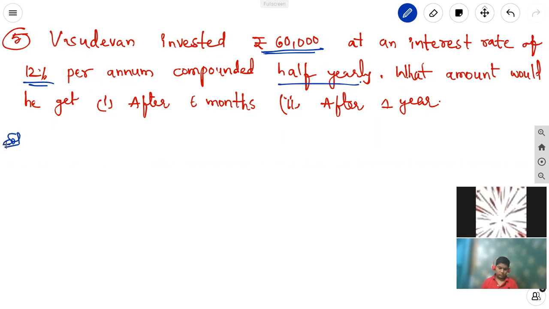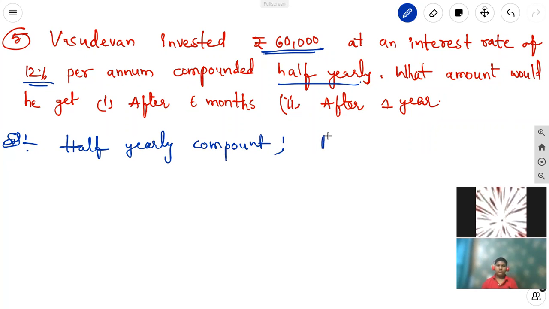First here, half yearly means we take the concept of half yearly compounding. Half yearly compounded means the rate of interest is half of the rate in a half year, and the time period is 2 times the number of years.